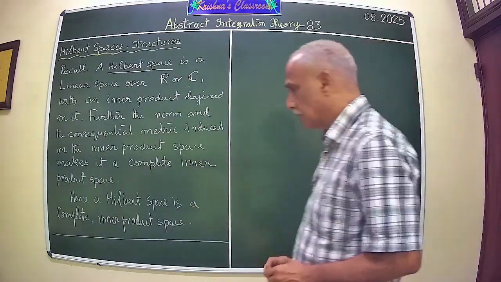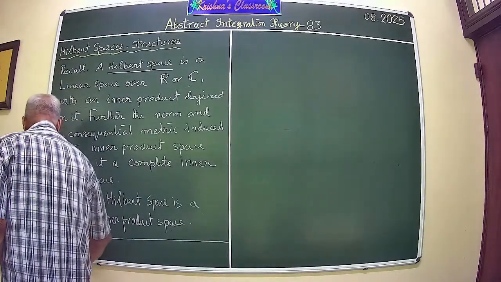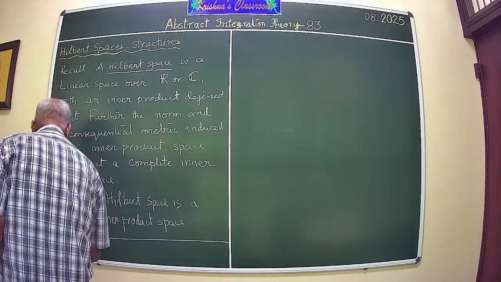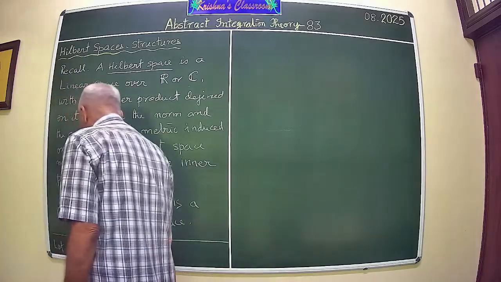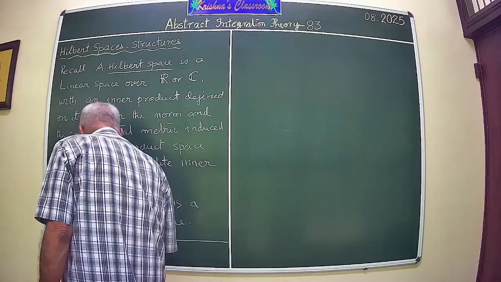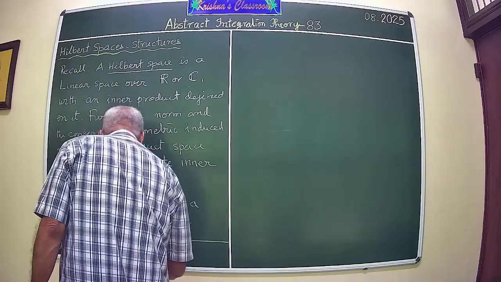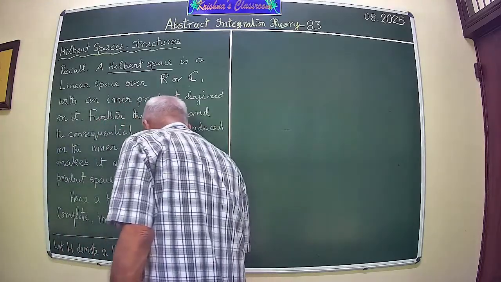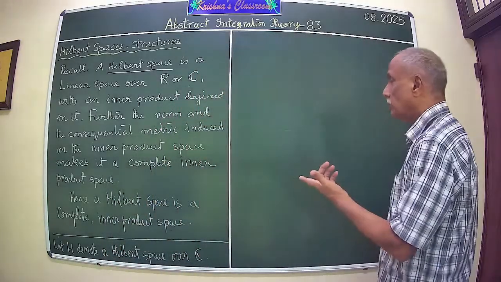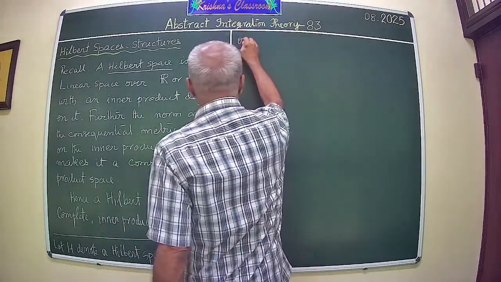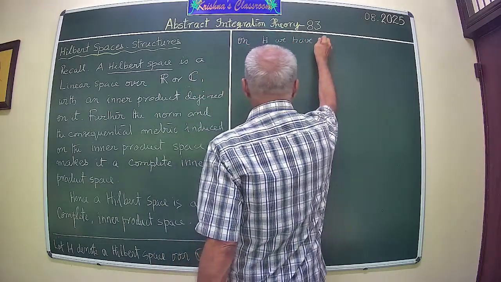So H is a Hilbert space, then what do you have on H? An inner product.